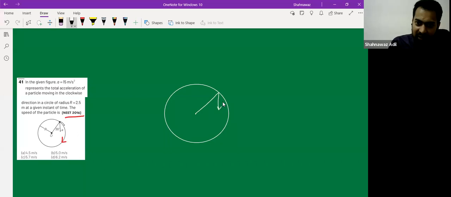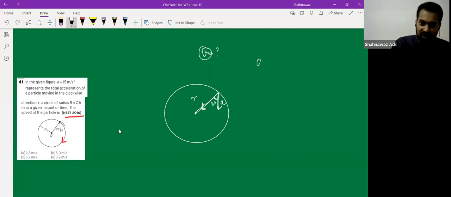So the acceleration vector is given, and what is the acceleration which points towards the radial direction? They are asking about the speed of the particle, v. And from here, what can we calculate? This acceleration has two components. Option D, 6.2?